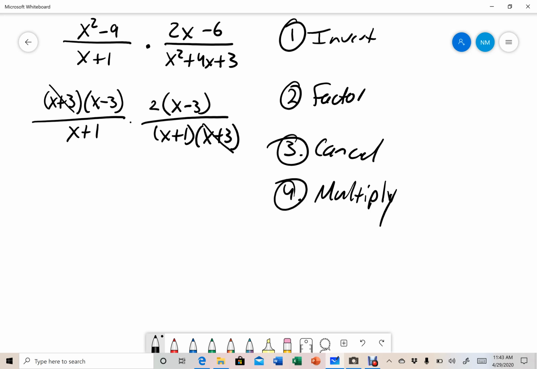Okay, so this cancels out and this cancels out. So I've got 2 times x minus 3 times x minus 3, and then I've got over x plus 1 times x plus 1.